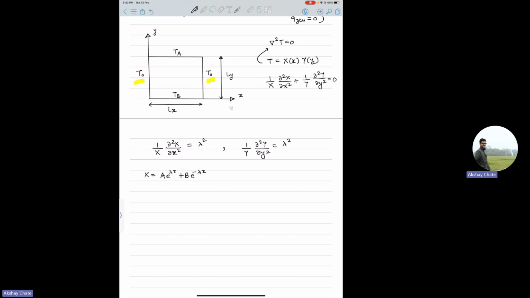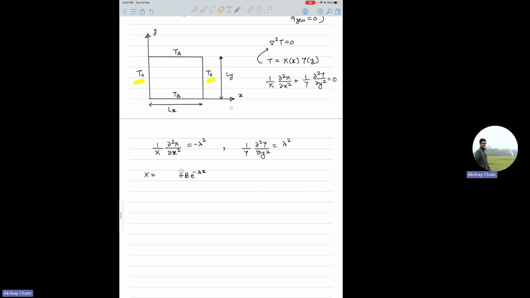And this solution cannot satisfy these boundary conditions, because this is an exponential function and it cannot come back to 0 at two points in non-dimensionalized form. So this has to be a sinusoidal function, and that is only possible when you take this as negative.